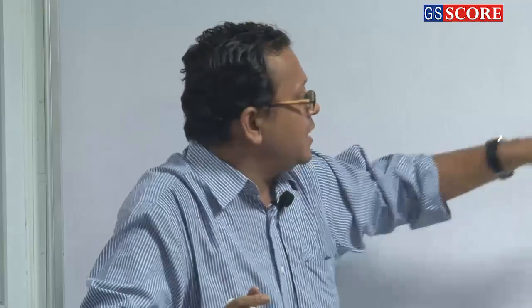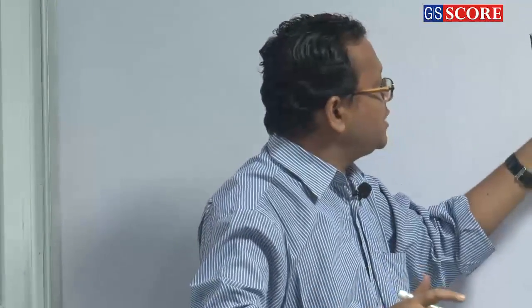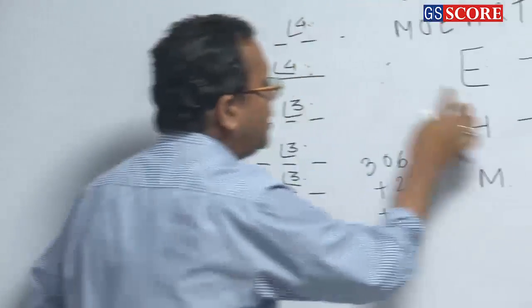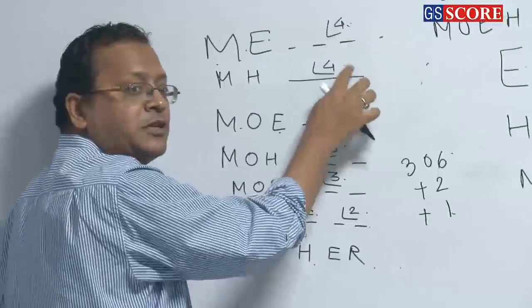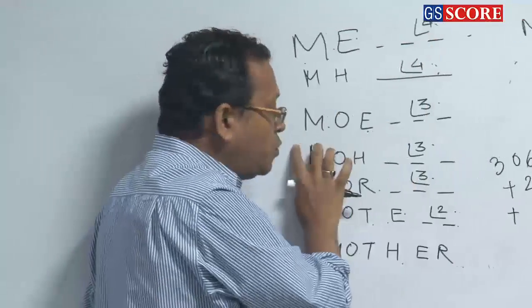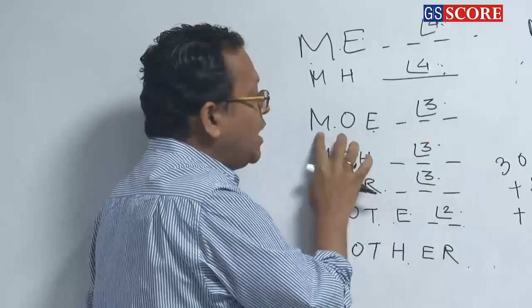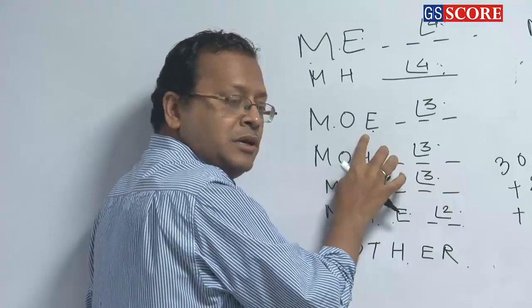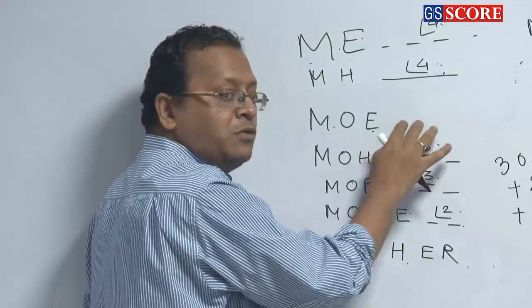So 3 kinds of questions can be asked over here. It is the same way of arranging, right? So 120 plus 120, 240 plus 24 plus 24, 288 is done. Now 289 is the word which is coming up. So MOE. Now alphabetically, after MOE what will come now?